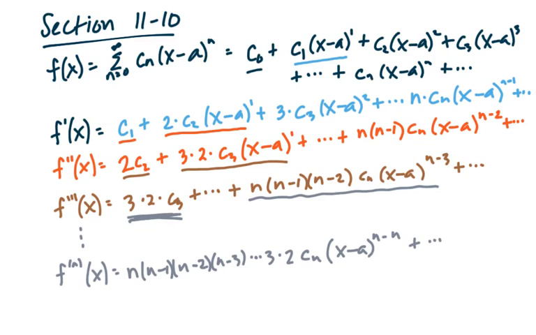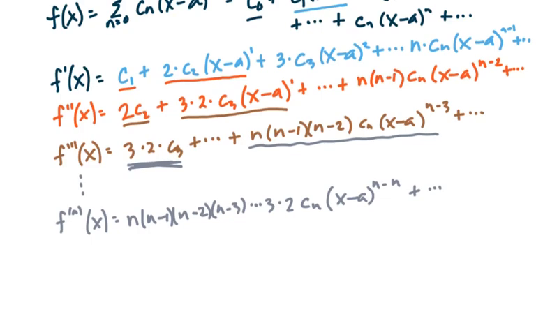Now notice these other terms all have x minus a to some power. So keep that in mind. As we look at this, notice n times (n minus 1) times (n minus 2), all the way down to 3 times 2 times 1 makes n factorial.